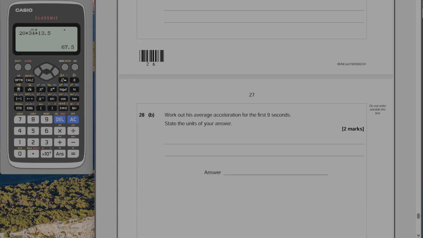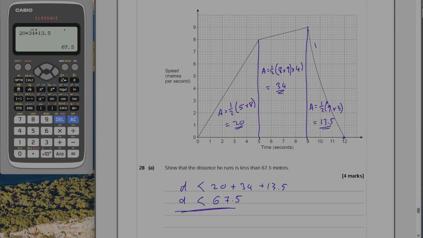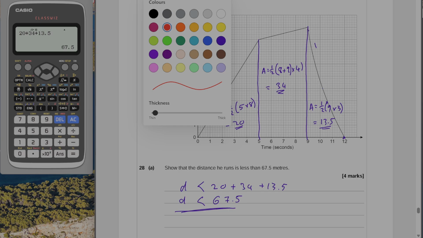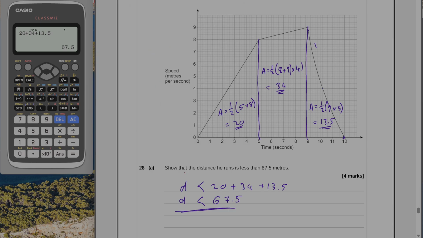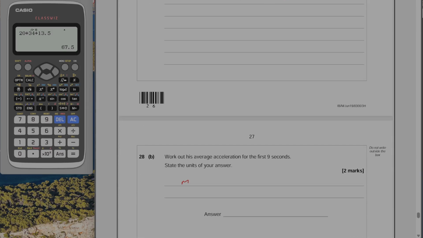Okay, part B, work out the average acceleration for the first 9 seconds. State the unit of your answer. So the acceleration is going to be the gradient of the line. The first 9 seconds, we want the average. So we want to do the gradient of the line for the average acceleration.